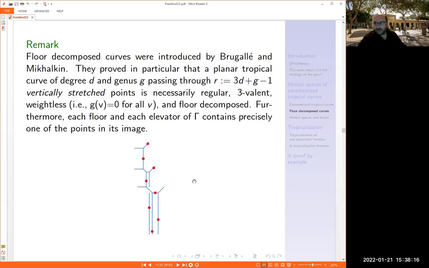I write this remark for planar curves of degree d, but it is true in larger generality. They must be trivalent and weightless, so their genus function is in fact 0 on the vertices, and the whole genus is inside the first Betti number of the graph.